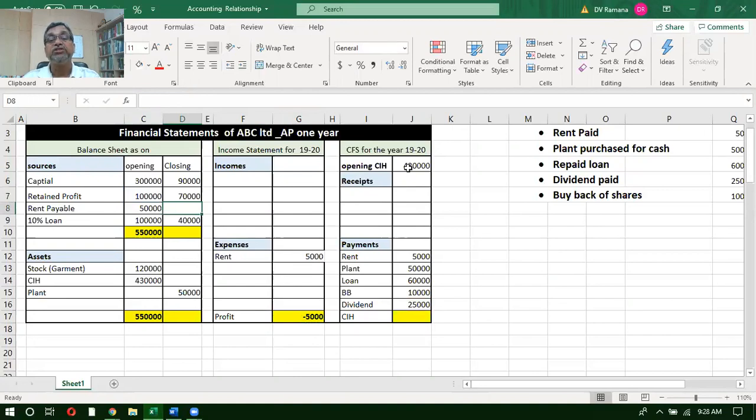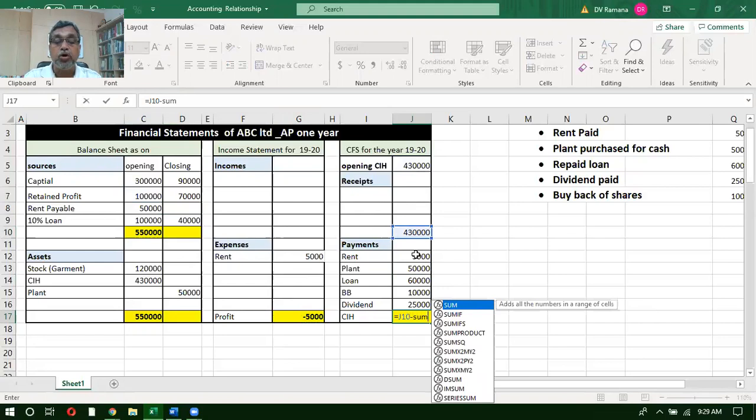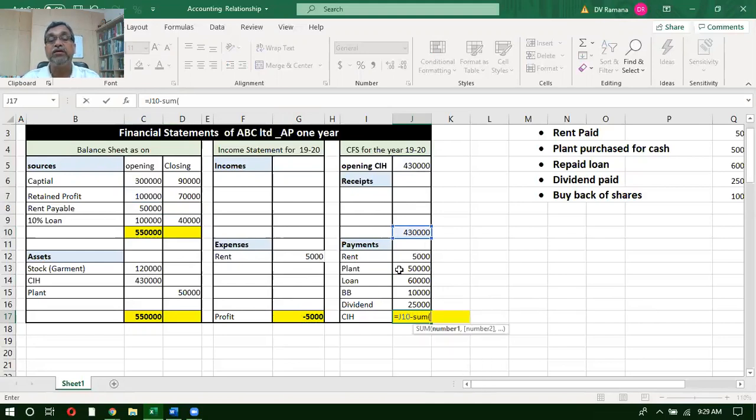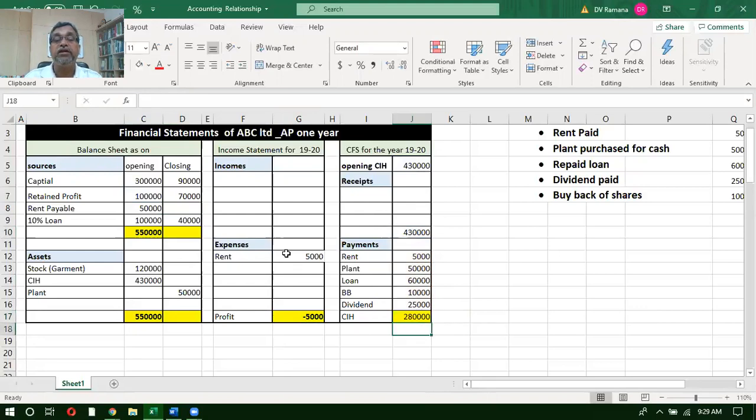The cash available was 430,000, and cash available now is 430 minus all the payments that the company made during this period, which is 280,000.